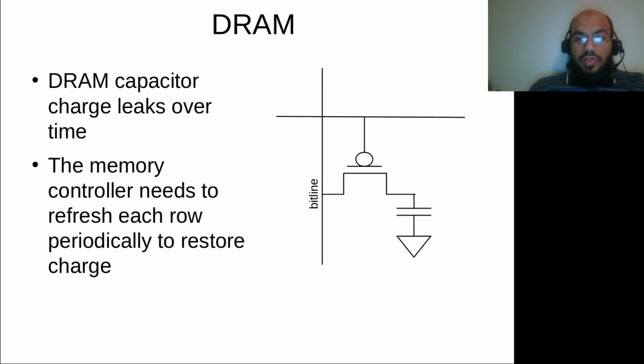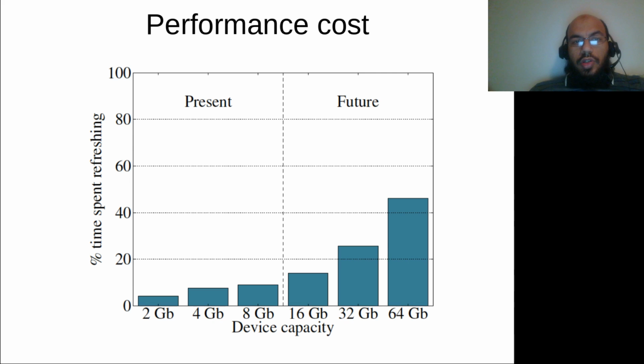And we're talking about every less than a second you have to restore 8 billion capacitors. That has a very high performance cost in your memory, because for a large chunk of your time you're just refueling the memory.